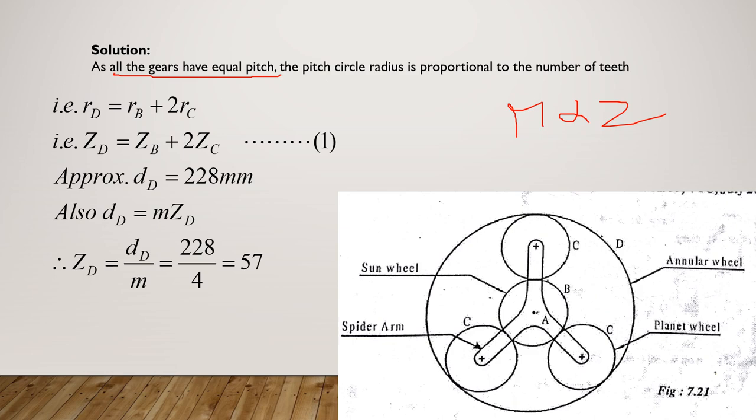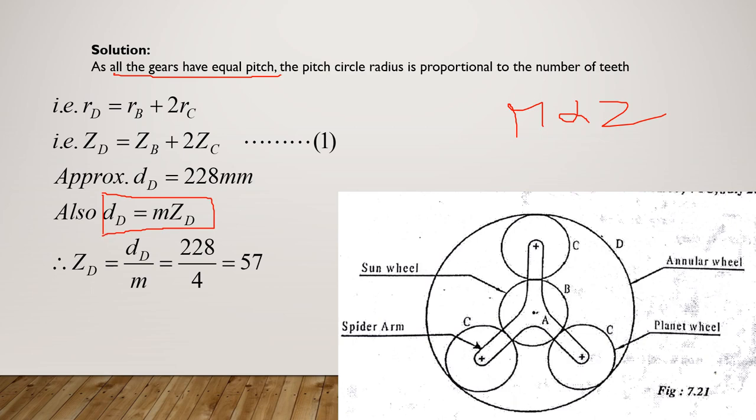So it is written here. Given in the question that approximately DD is 228 mm. We have seen that pitch circle diameter is equal to the product of module and number of teeth. This is one of the formulas to calculate the pitch circle diameter.